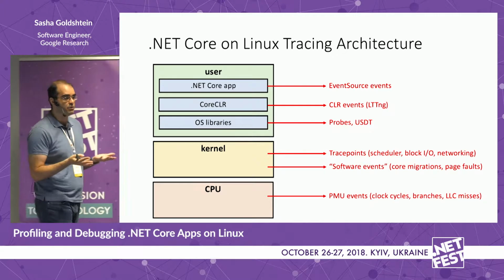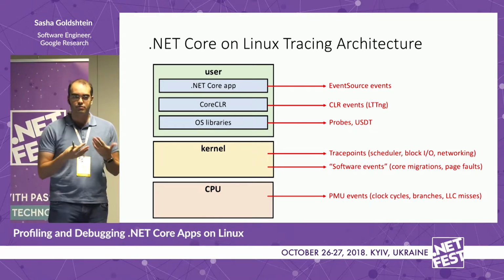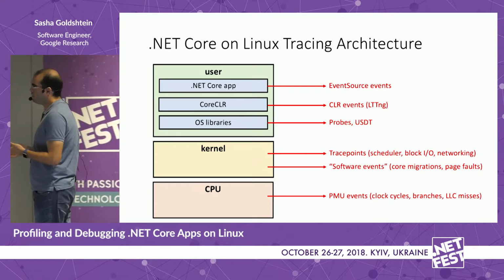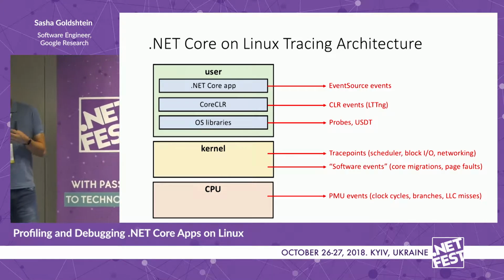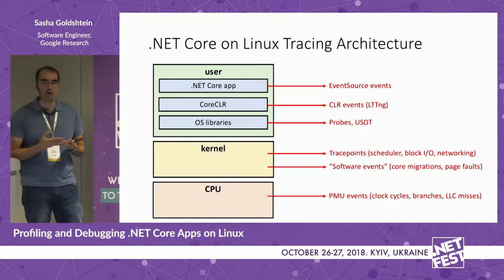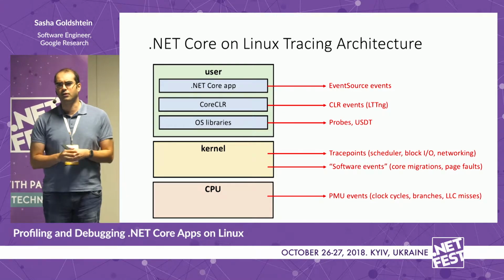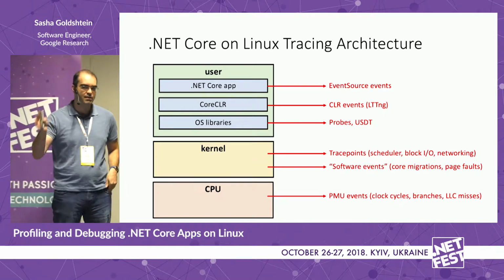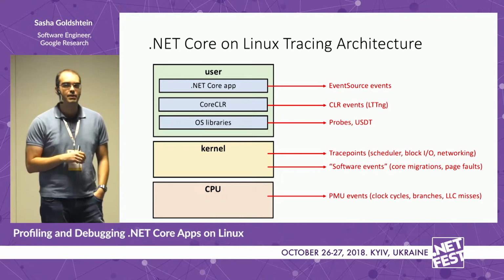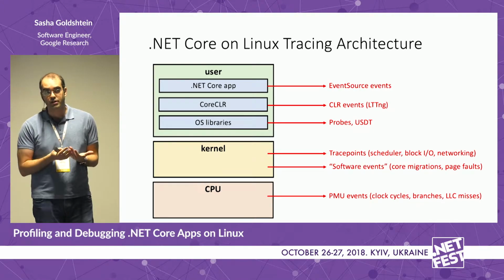It's just part of how Linux looks at profiling, tracing, inspection, troubleshooting. So the kernel, the CPU, the operating system libraries, they provide a lot of sources of information, which is useful if you develop .NET applications, but also useful if you build Java applications or Python applications or C++ applications and run them on Linux. So this is something just worth knowing in general.